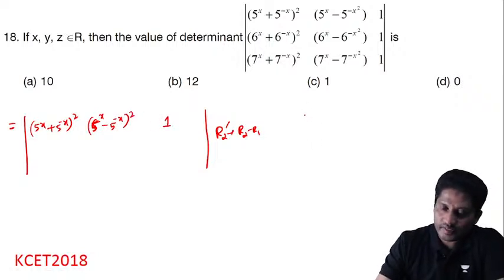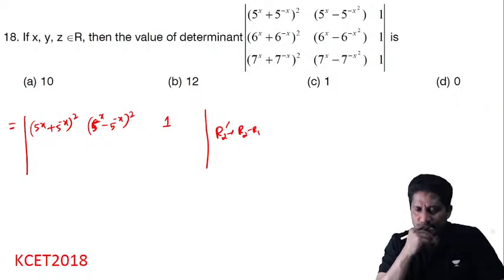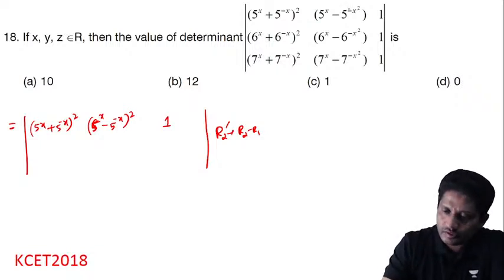Change R2 to R2 minus R1: a square plus b square minus, if I subtract a square plus b square minus 2, whole square, and this whole square.